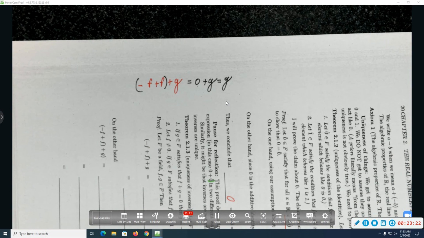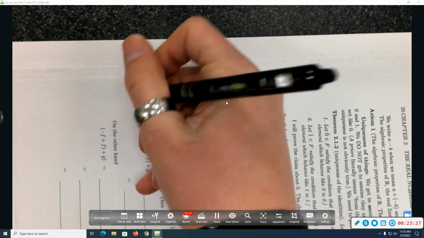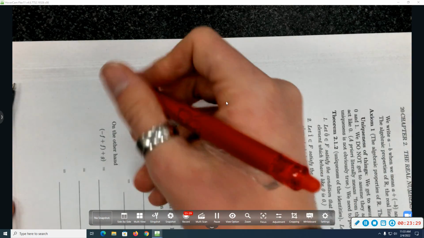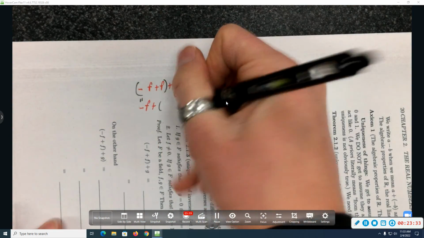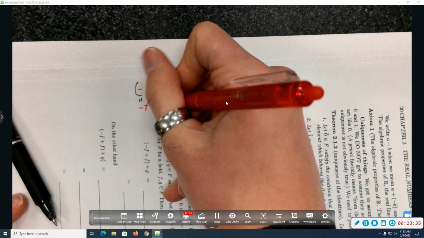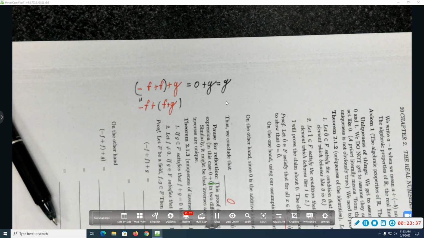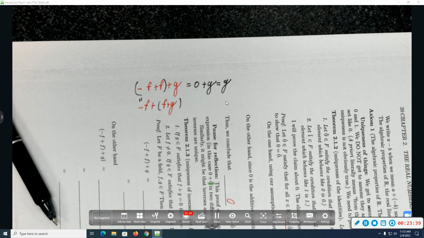So g is equal to this expression. Let's evaluate it a different way. That should be the same thing as negative f plus f plus g. And let's ask the same question. What can you tell me about f plus g? Yeah, it should also be 0.